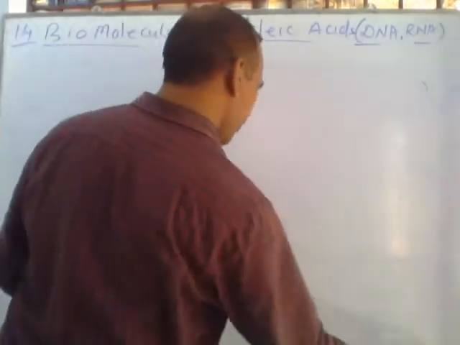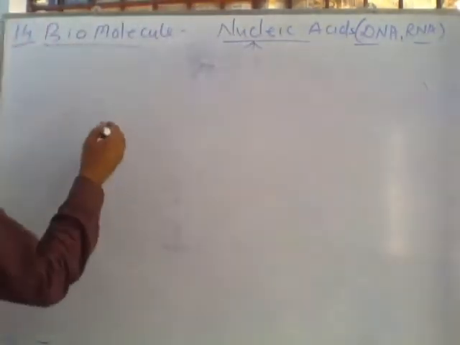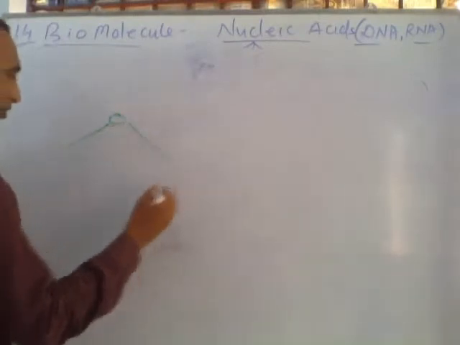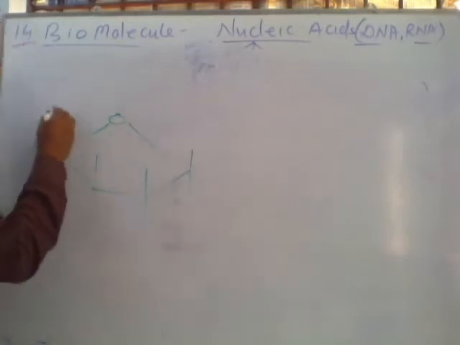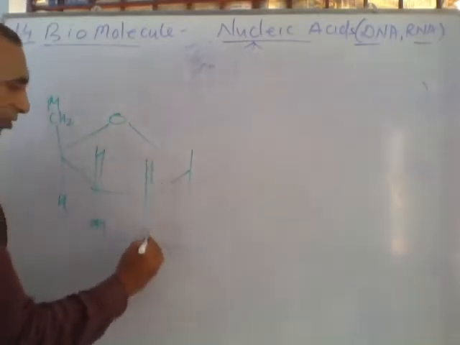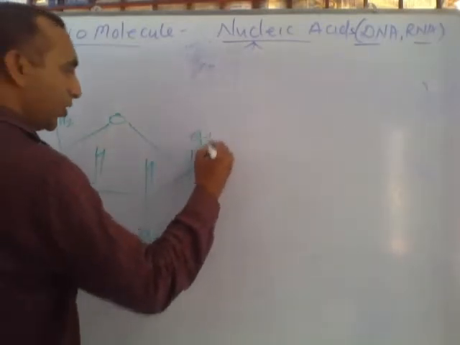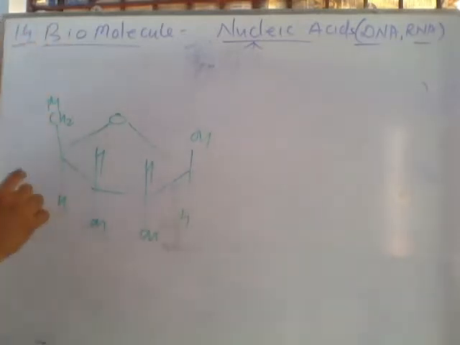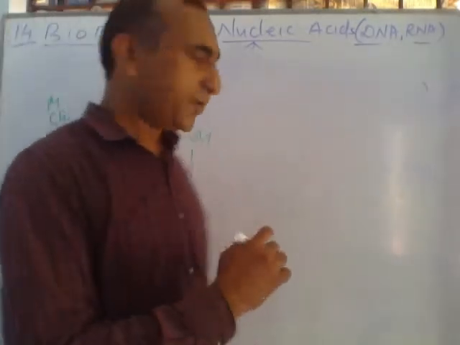Okay, so caution here. I am drawing this type of configuration: H, H, H, OH, from CH2OH, H, H, OH, H, OH, and this is OH H. Can you guess what compound this is?